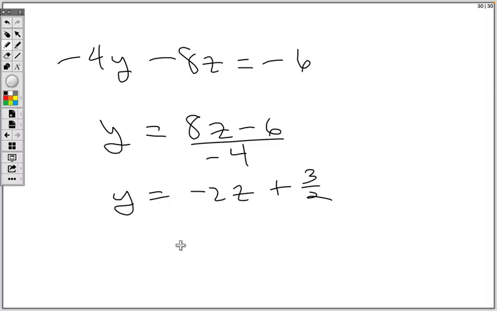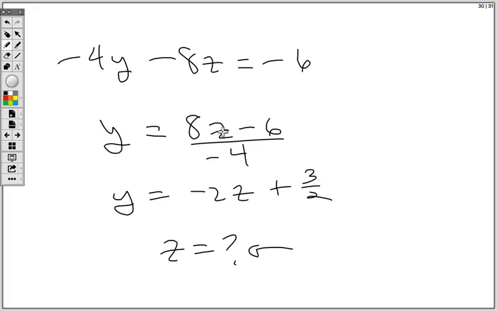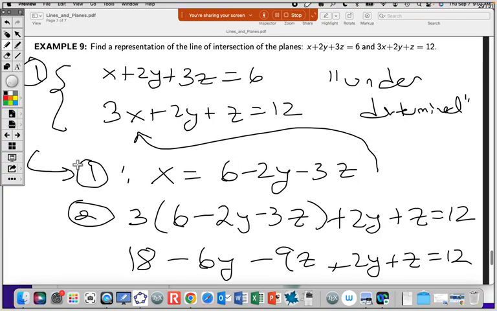And so z would be a free variable. z could be anything you want it to be. This is where the parameter comes in for the line. So let's let z be t. Then for y, I can just plug z into this equation. I'm just double checking that I didn't transpose something incorrectly.